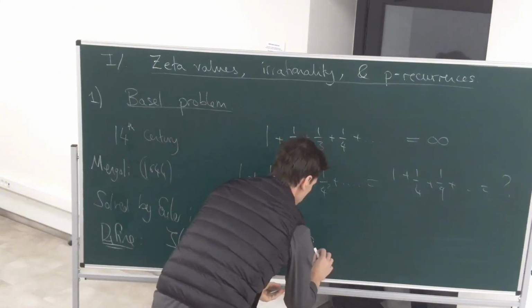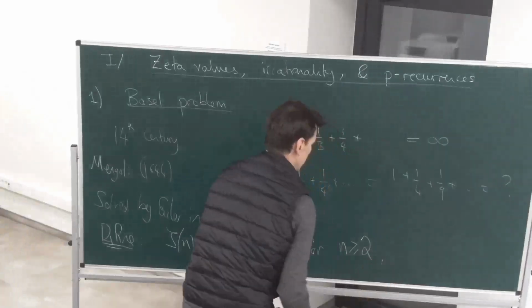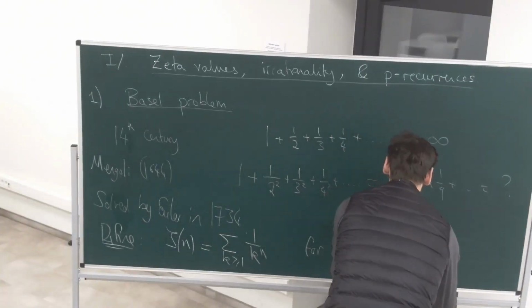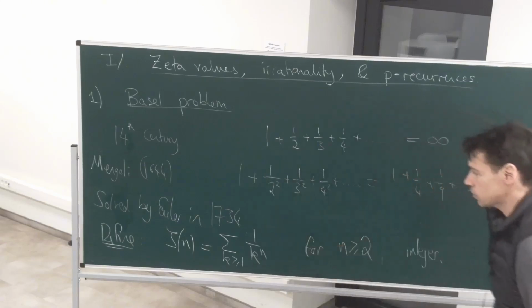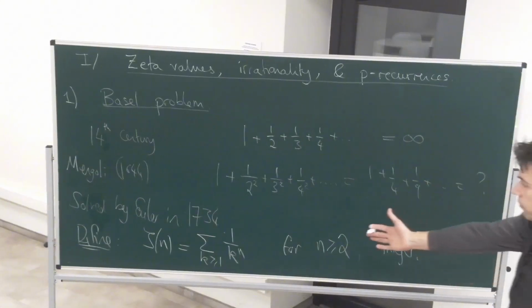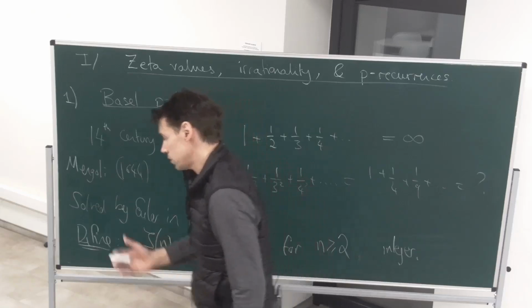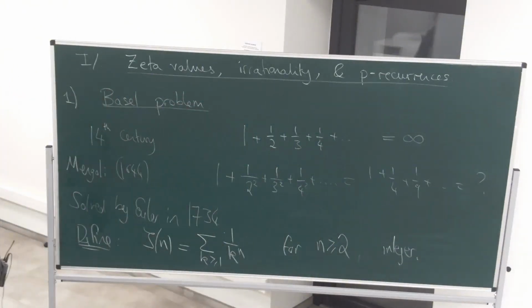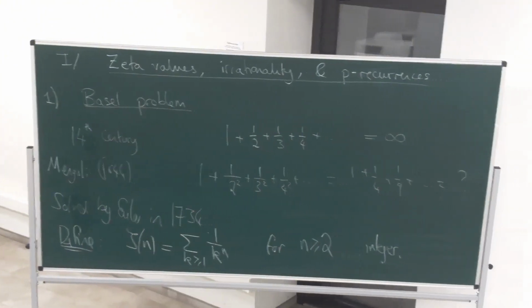And this converges when n is equal to 2. So I will take n an integer. These numbers were very, very well studied far before Riemann's time. It's only Riemann who considered n as a variable. So it's now called the Riemann zeta function, but of course this was studied much, much before that.